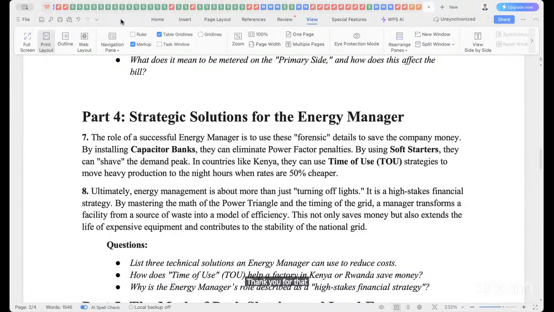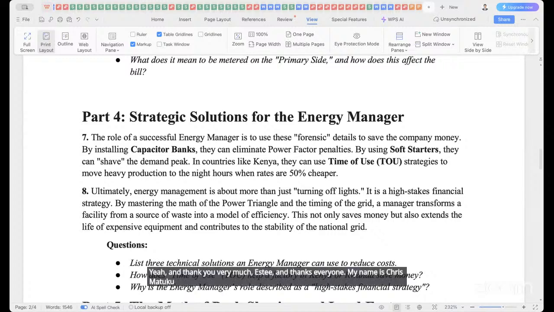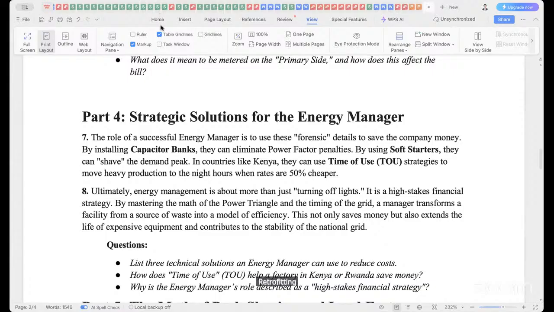Let's hear from Chris Matuku. Thank you very much, and thanks everyone. My name is Chris Matuku, and from my own perspective, the top three approaches for an energy manager to manage energy will be, first and foremost, energy efficiency: retrofitting appliances and equipment into energy efficient appliances.